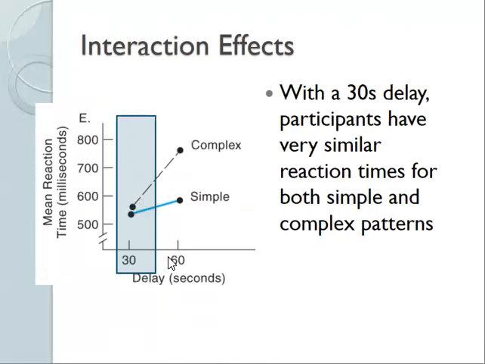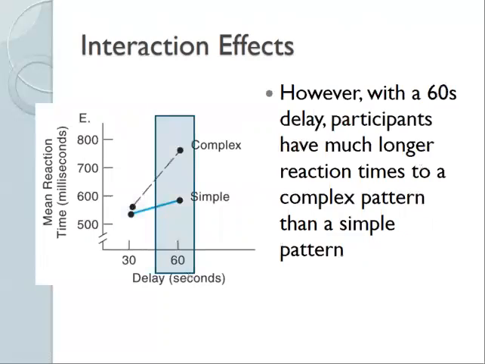So let's do that. We're going to describe what's happening at a 30-second delay, and then, in a separate sentence, describe what's happening at a 60-second delay. So at a 30-second delay, there is only a small difference in reaction time between simple and complex tasks. They're essentially the same.